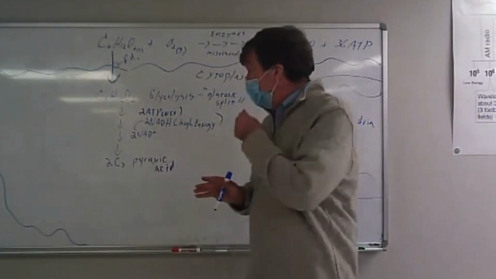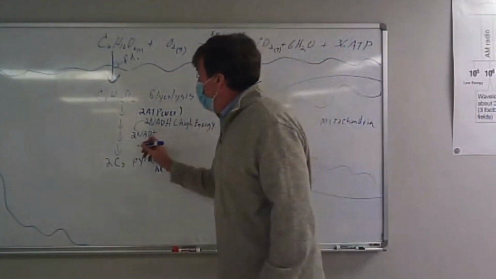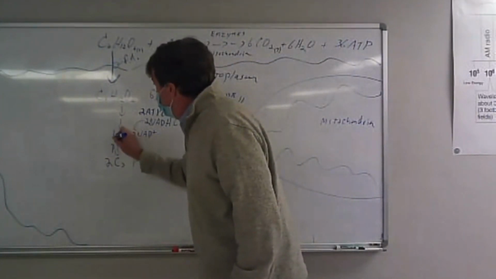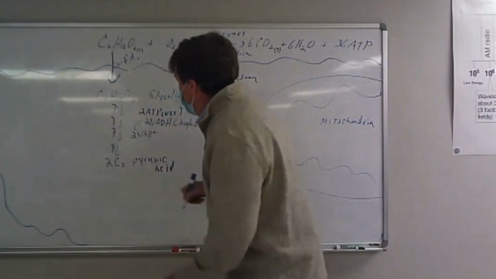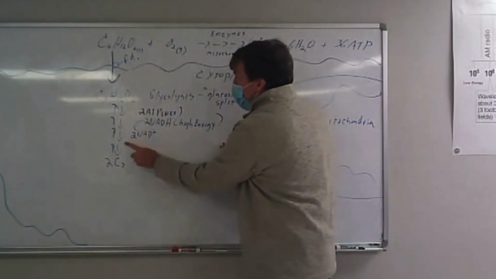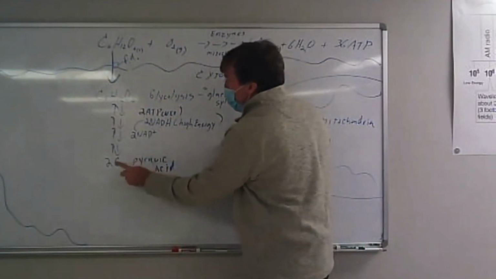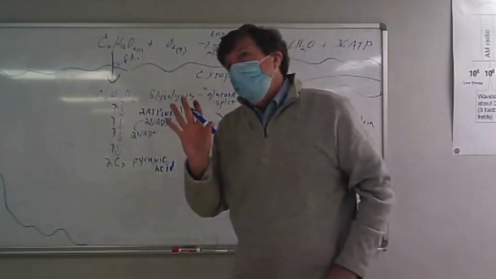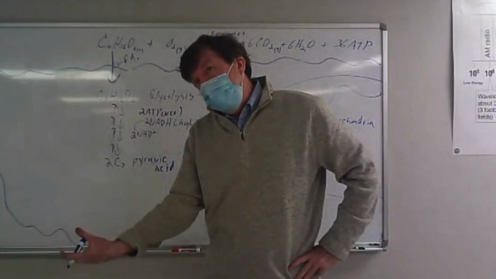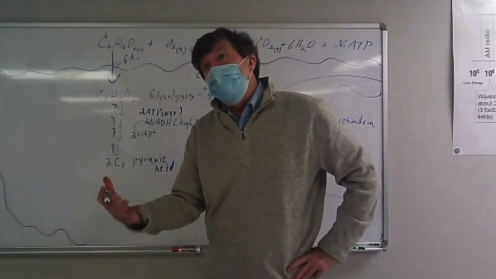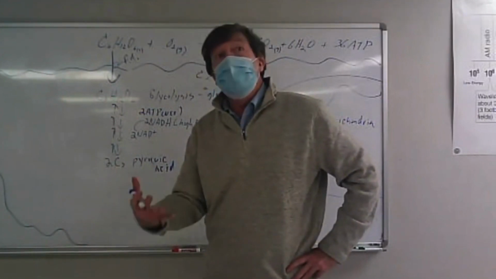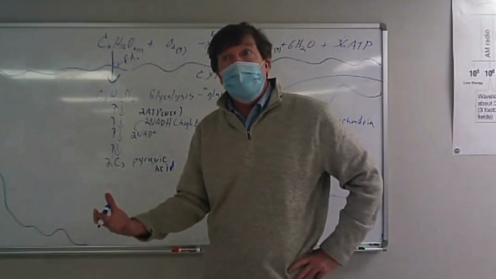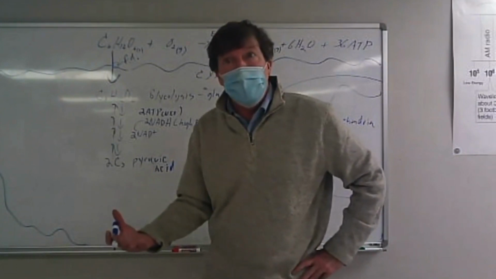Now, remember, this is reversible. This is glycolysis, and we can break down molecules or build up molecules. What determines whether we break down the molecules or build up the molecules? Well, the needs of the cell. If the cell needs ATP, then it's going to be broken down.